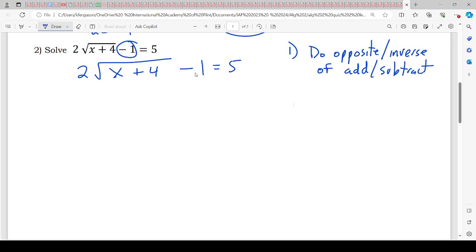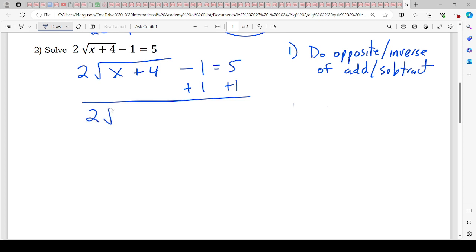In this case, I'm subtracting 1. So I do the opposite or the inverse operation of subtraction, which is addition. So I add 1 to both sides. I'm doing this because I want to isolate this x, this big bad x right there. I have to start by getting rid of the numbers that are on the outside. So that's why I'm adding 1 to both sides.